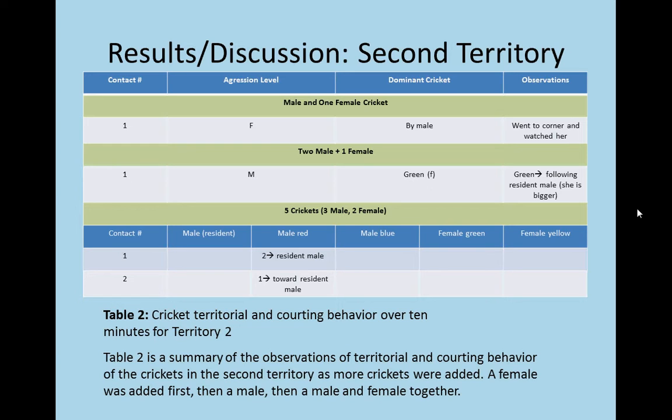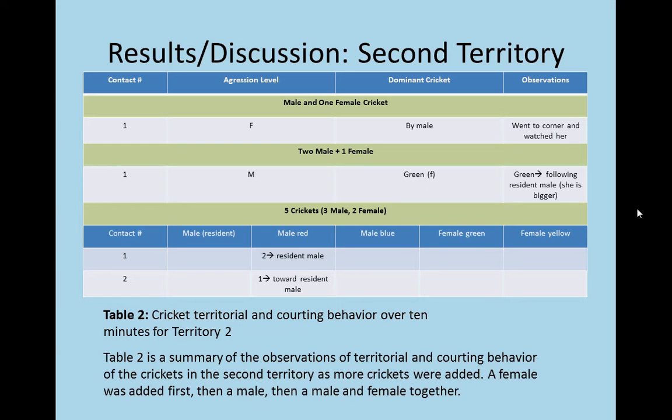In the second part, the female actually followed the resident male. However, there was no courting being shown by the males and no aggression between the males. In the last part of the experiment, there was contact between males, but it was only mild.